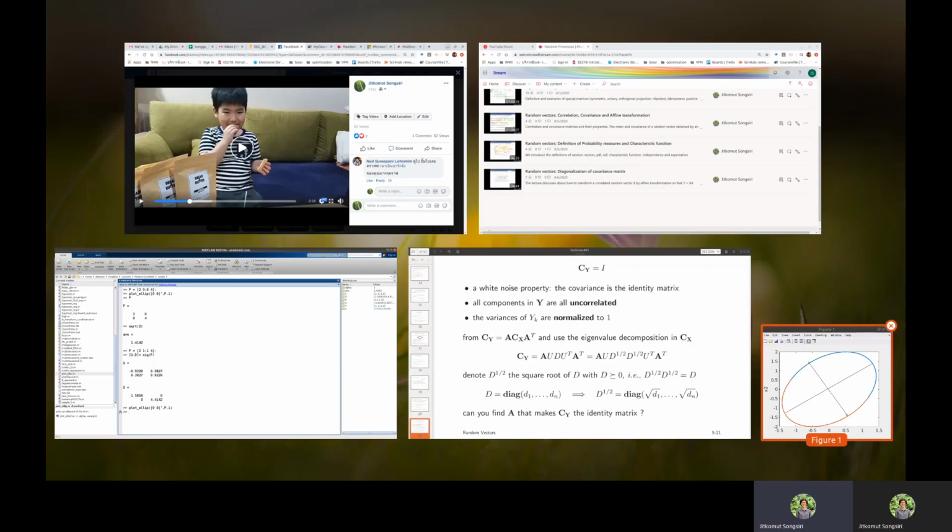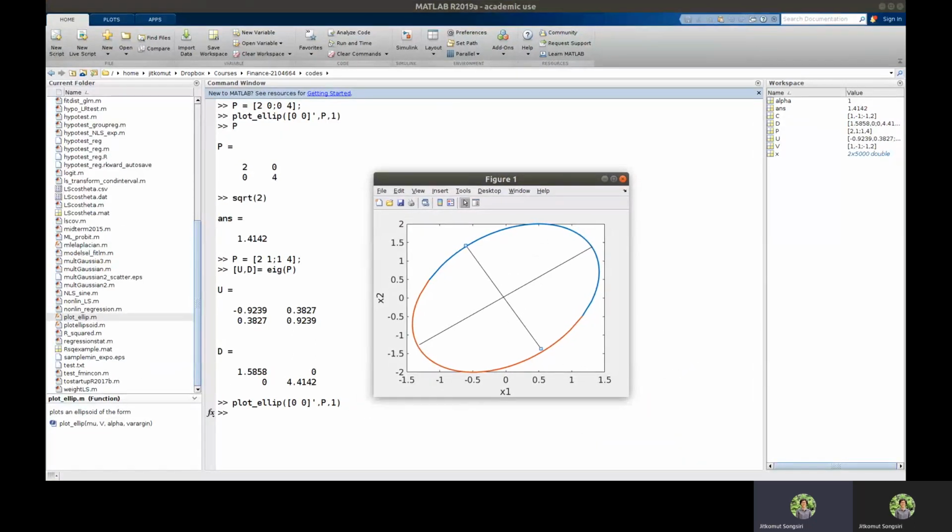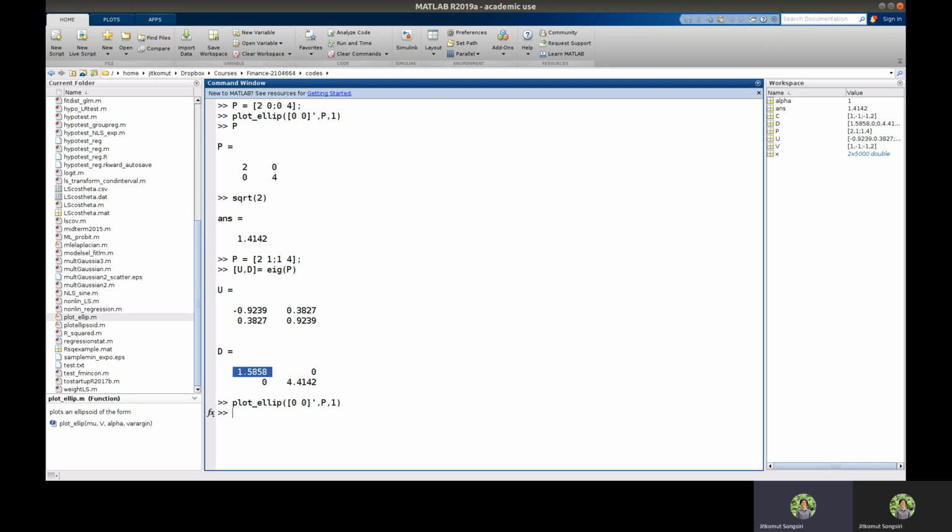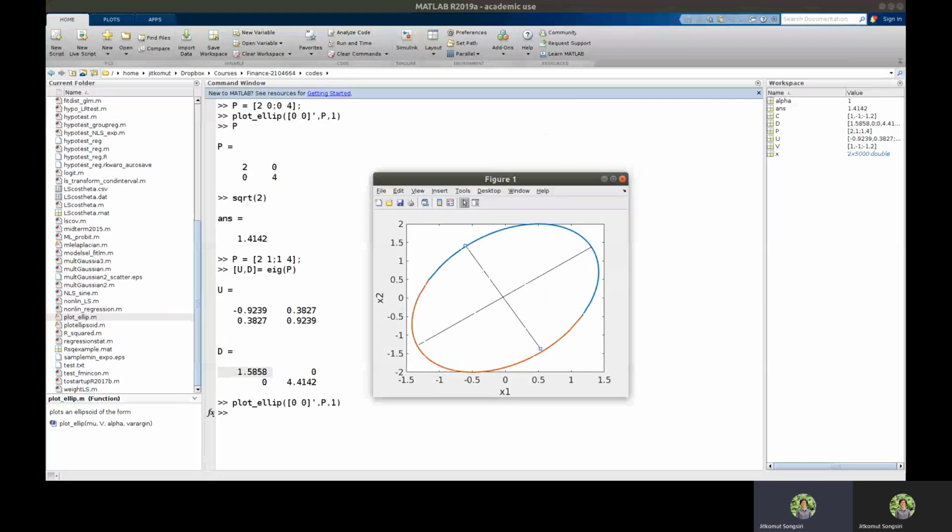Now we have to take a look at the width of the ellipsoid as well. If you look at the first eigenvalue, it is 1.5, right? So this is the smaller eigenvalue. The axis that has the shortest width is supposed to be this direction.